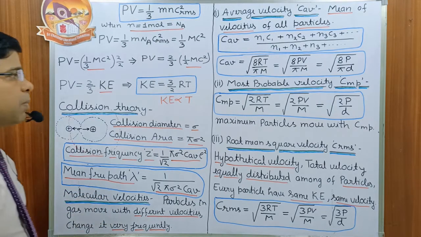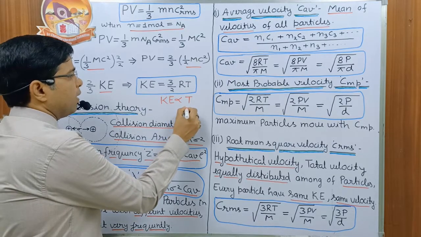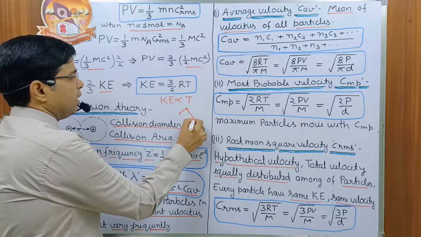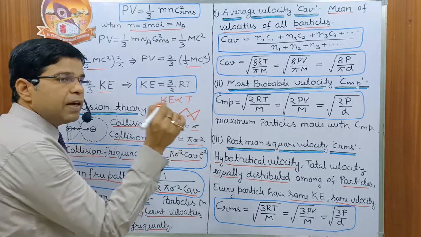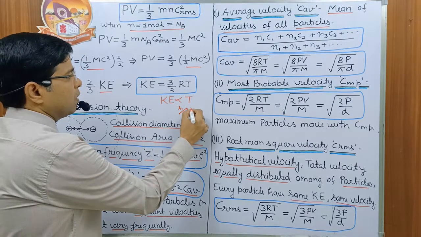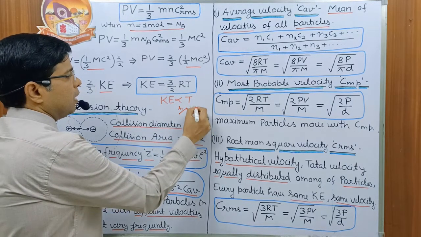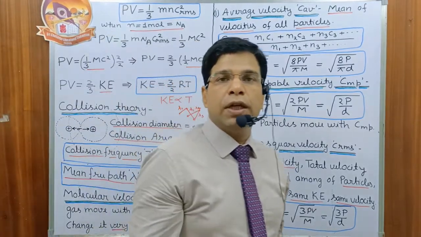Then mean free path. Particles are always in random motion. They collide with each other and after every collision they change their direction. So what is the average distance? Suppose between collisions we have lambda 1, lambda 2, lambda 3 and lambda 4. After each collision it changes direction.